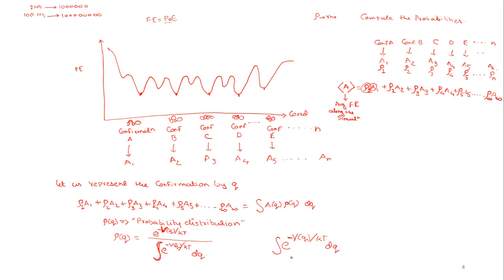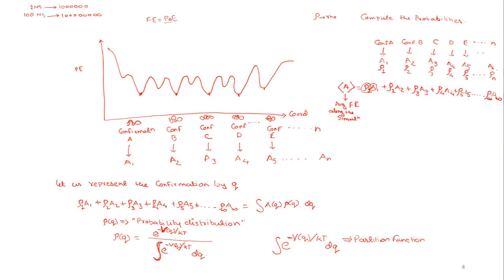Okay, so this particular function is also called the partition function. In order to define the probability distribution, you would have to know something called the partition function.